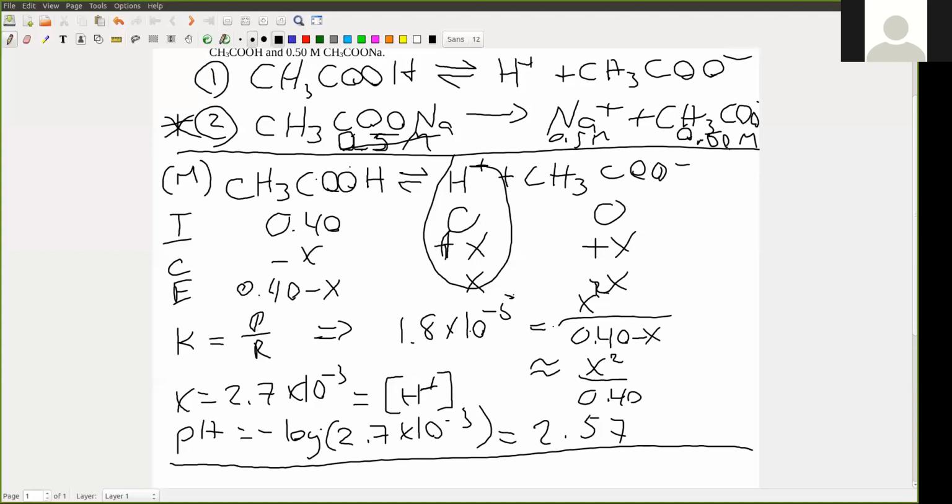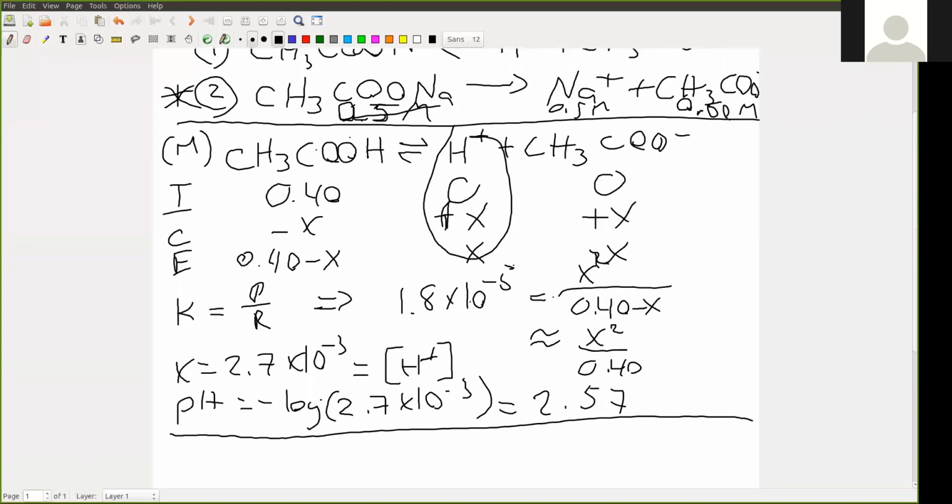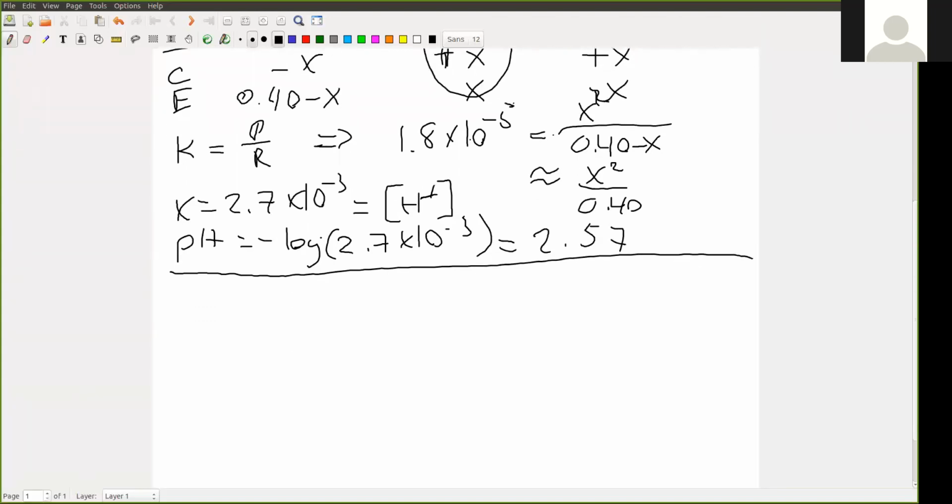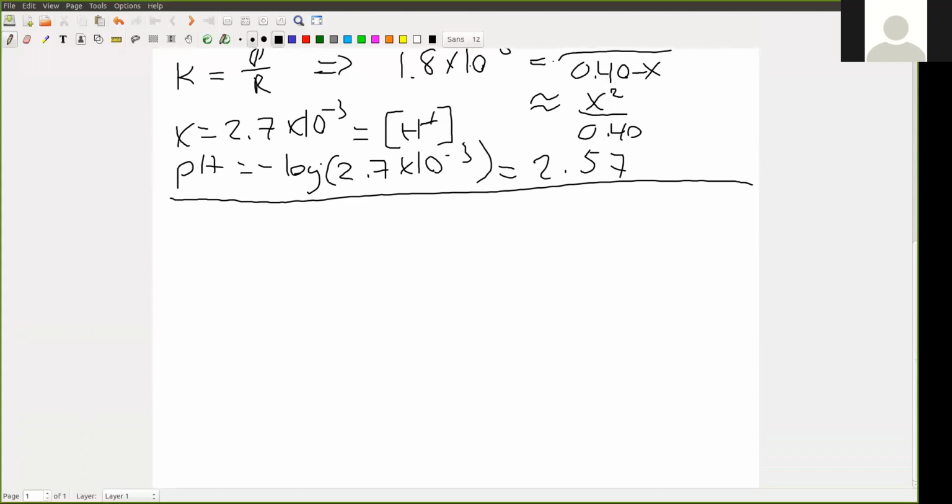So basically we're going to set up the same ICE problem as before, except the starting amount of our acetate ion will be 0.5 instead of 0.